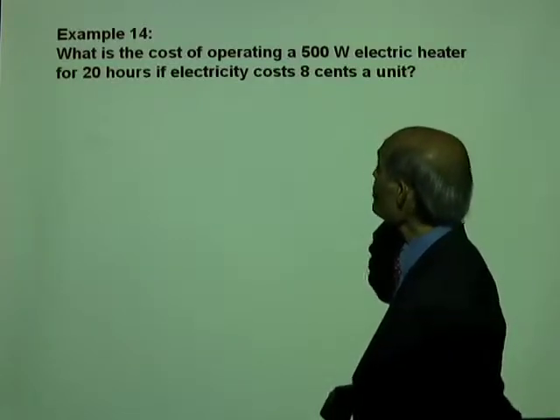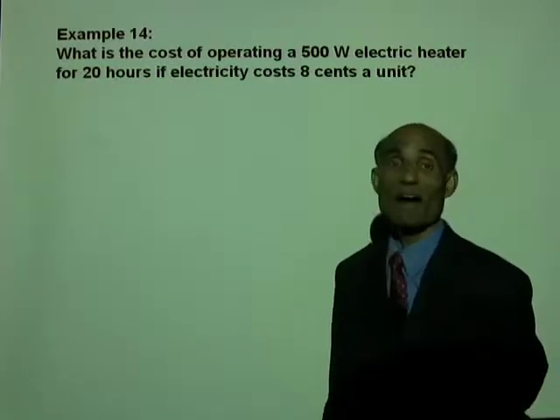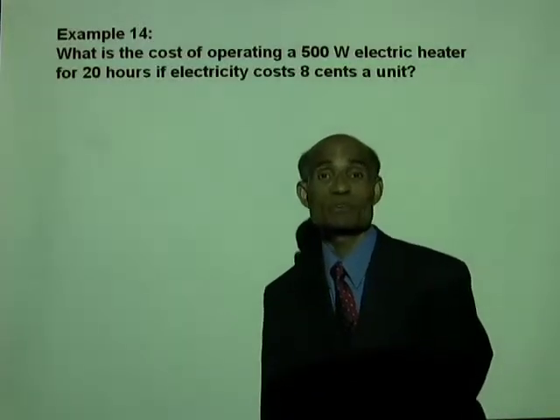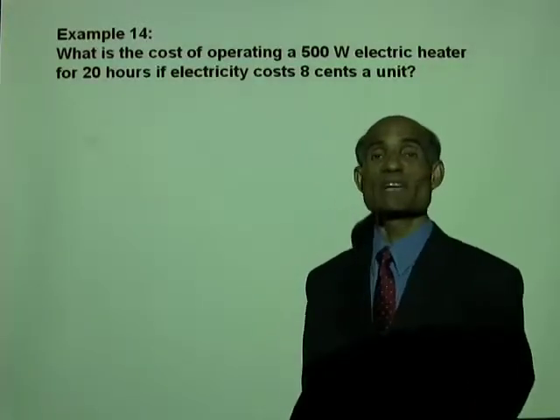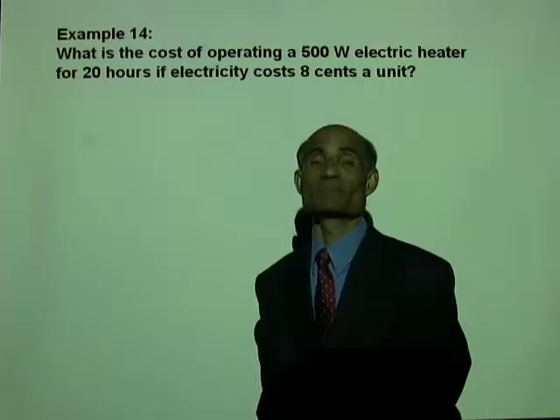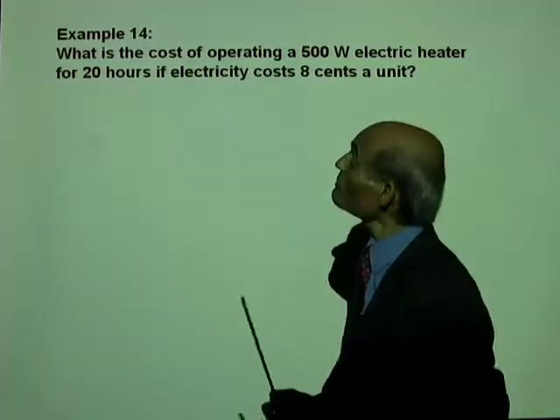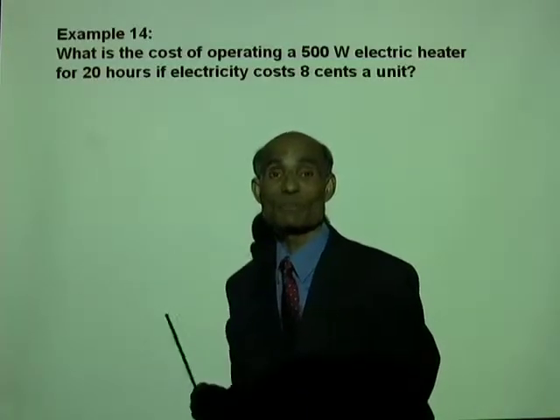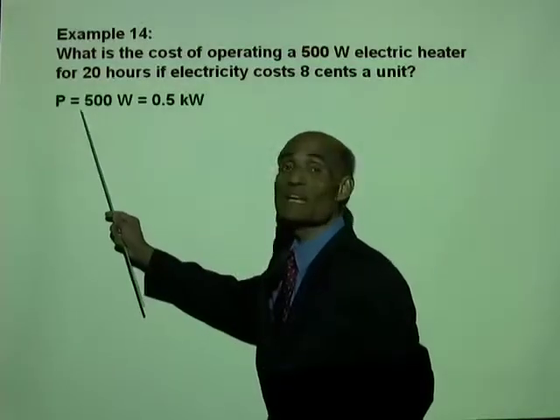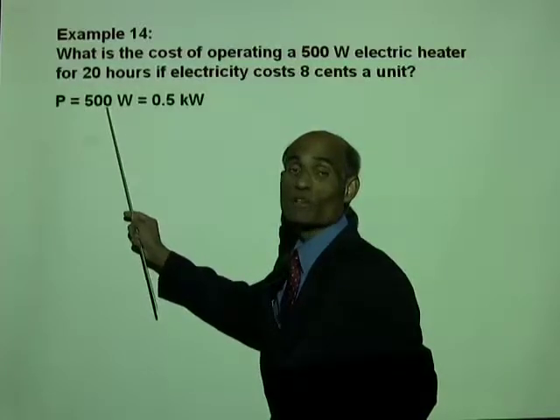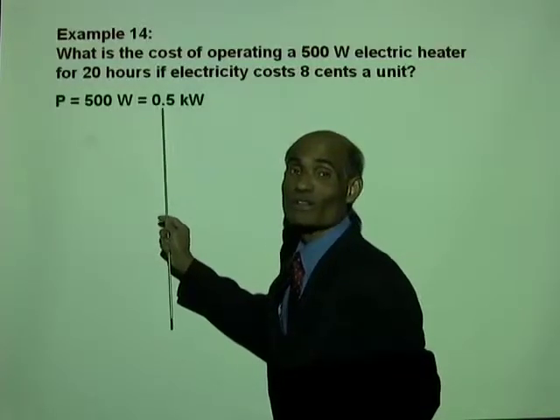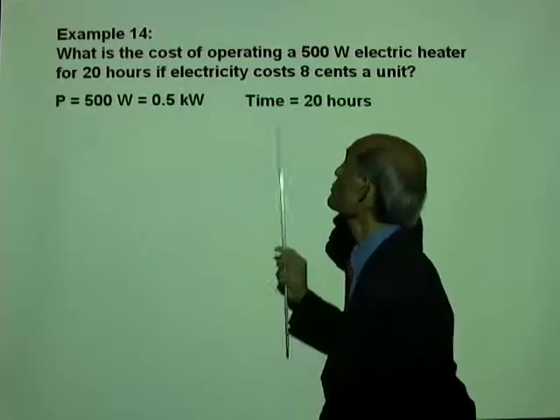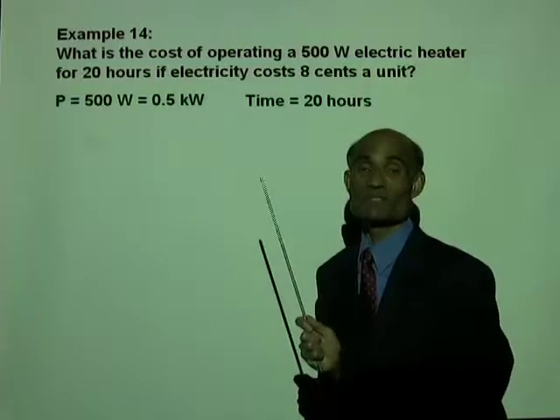Another problem. What is the cost of operating a 500 watt electric heater for 20 hours if electricity costs 8 cents a unit? Well, first of all, you need to figure out the number of kilowatt hours. The power given is 500 watt. Write it in kilowatt. That is 0.5 kilowatt. And it is used for 20 hours.